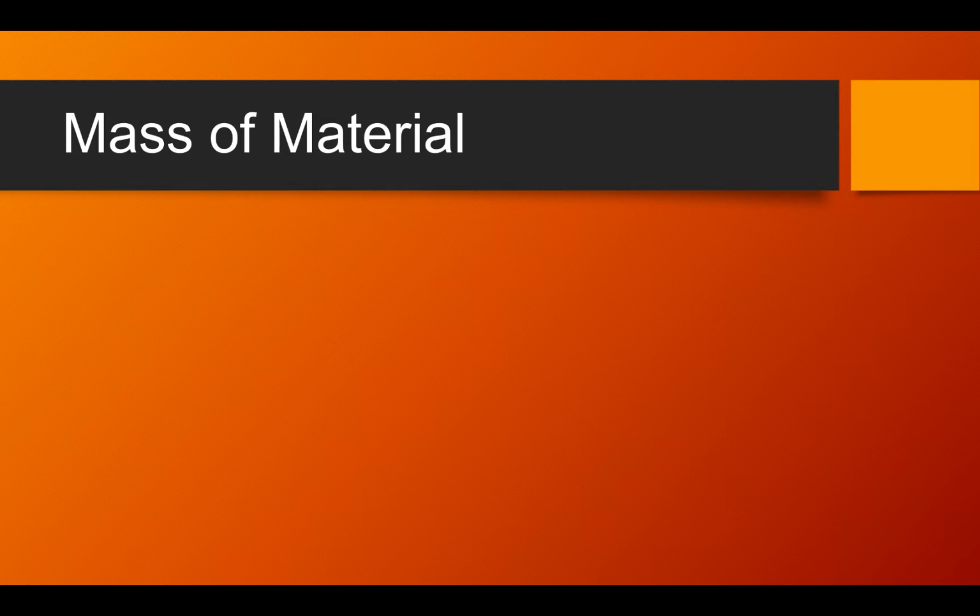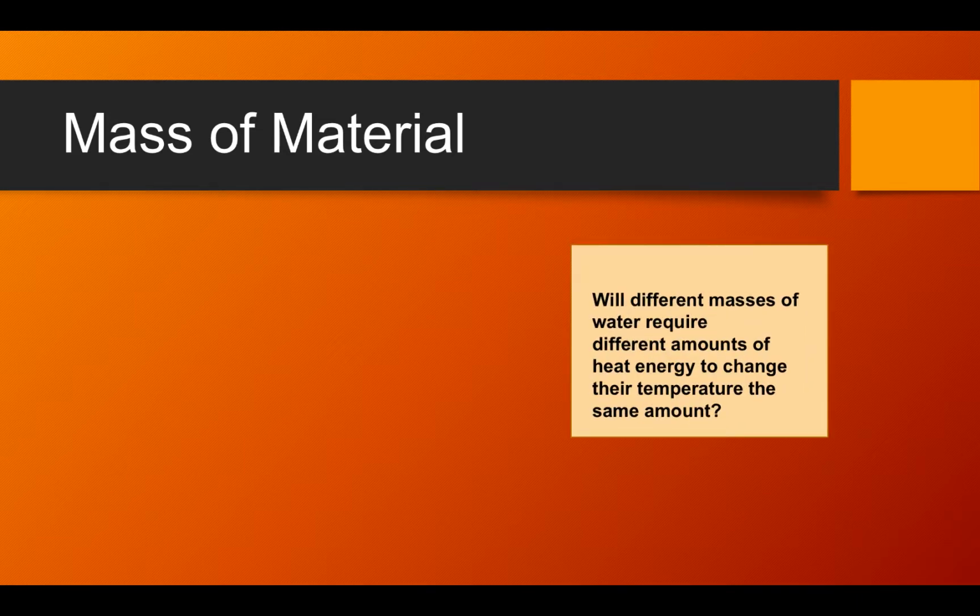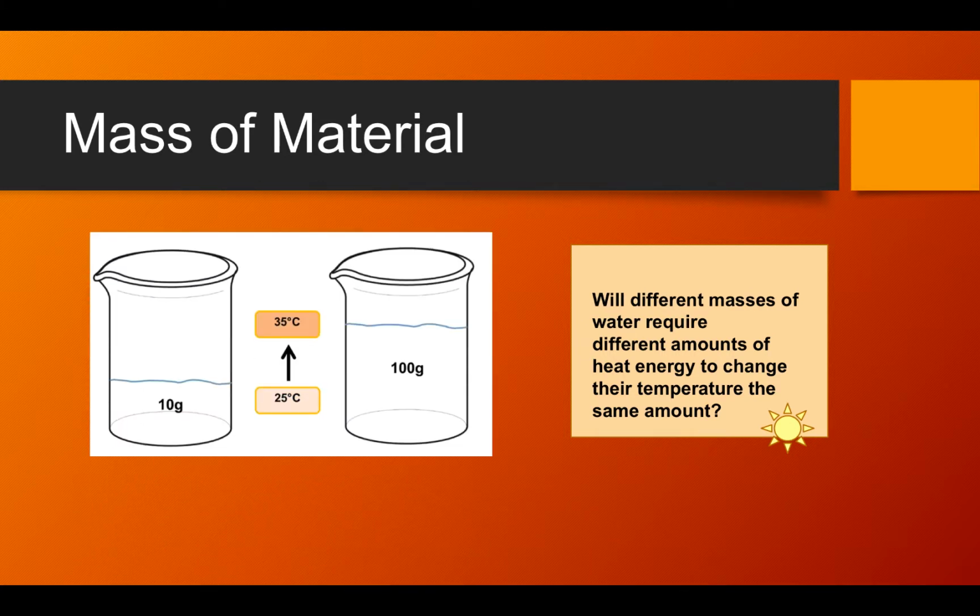Let's talk about the mass of material first. Will different masses of water require different amounts of heat energy to change their temperature the same amount? Well, let's look at an example.